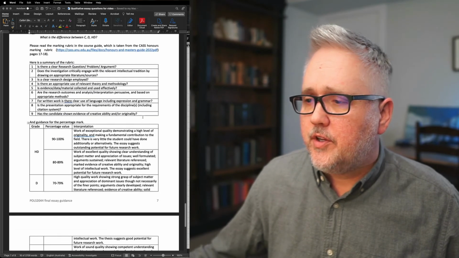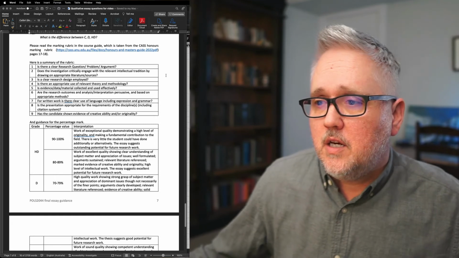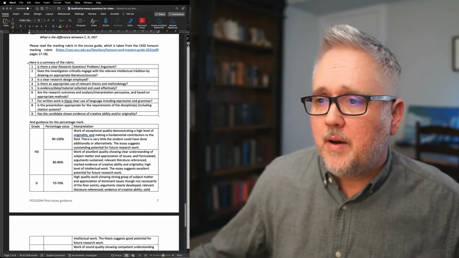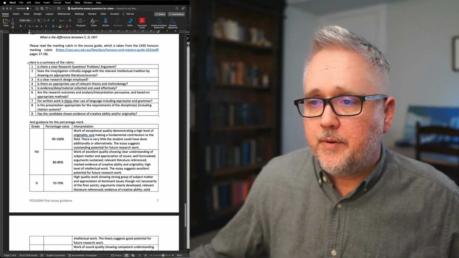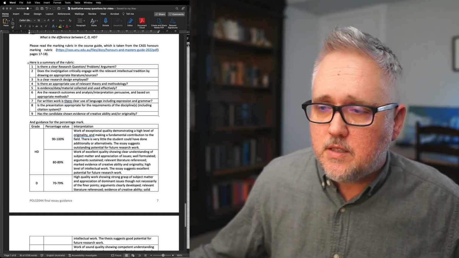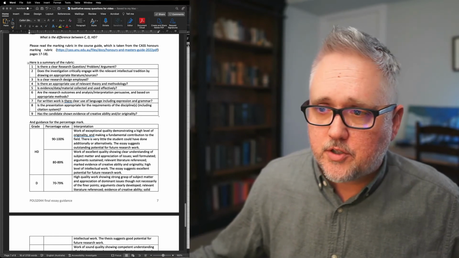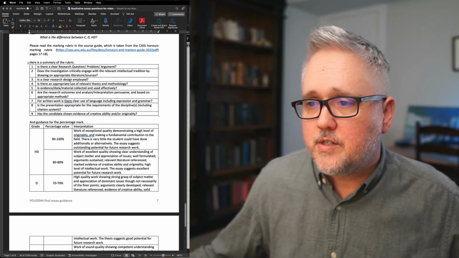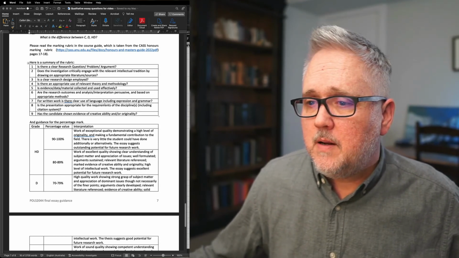I also included a summary of the rubric from the honors guide to make it easier for you to find. Talking about the summary: Is there a clear research question? An argument? Does it critically engage with a relevant intellectual tradition, appropriate literature and sources, a clear research design, relevant theory and methodology? Is the evidence and data collected and used effectively?